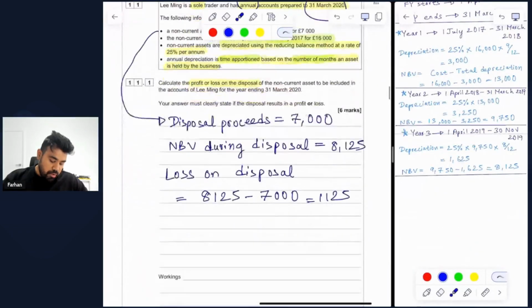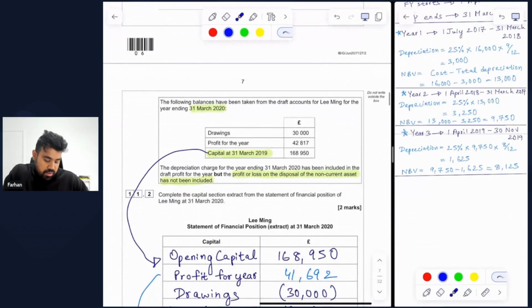Now the second part of the question says that the following balances have been taken from the draft accounts for Li Ming for the year ending 31 March 2020. The draft accounts here simply refer to unpublished or not formal accounts. So we are given the balances for drawings, the profit for the year, and we're also given the capital at 31 March 2019.